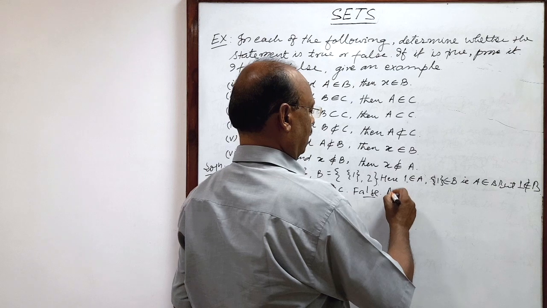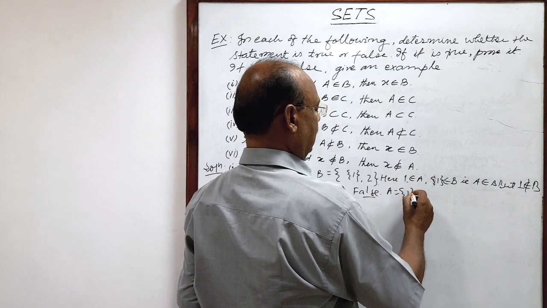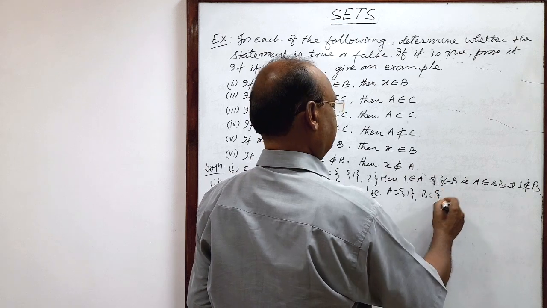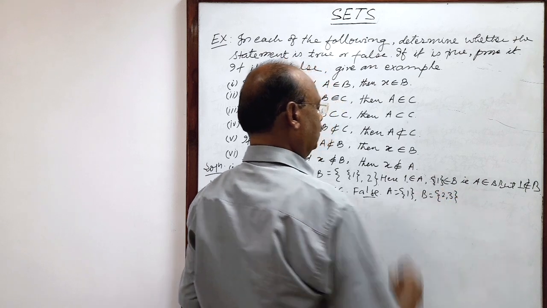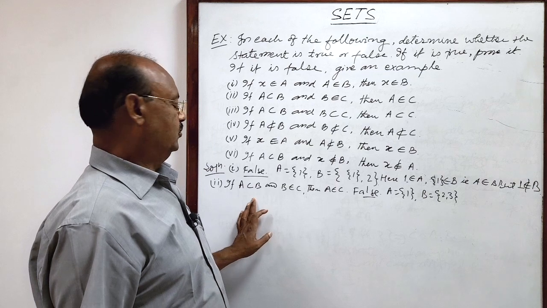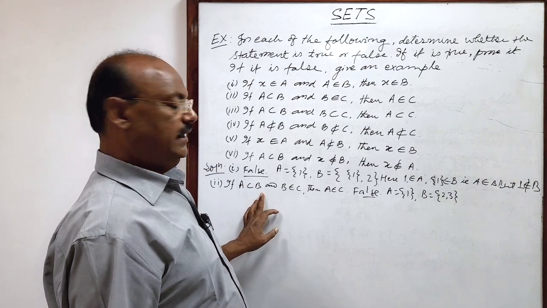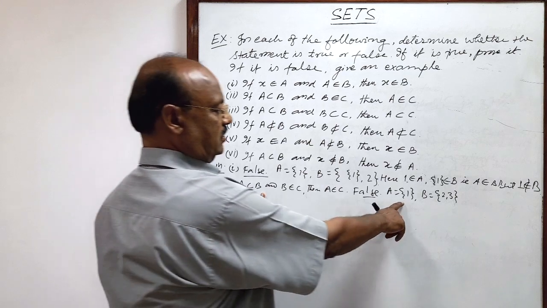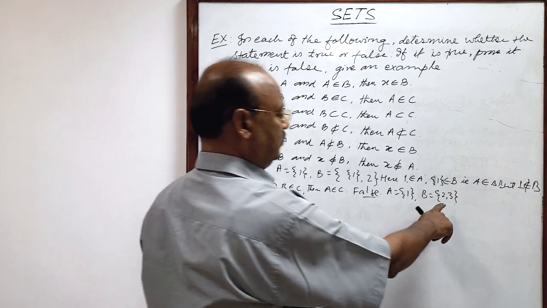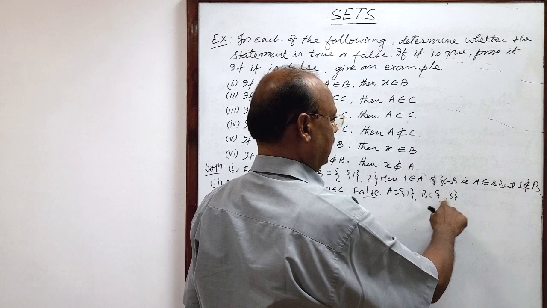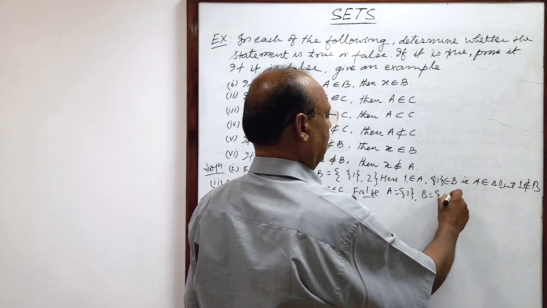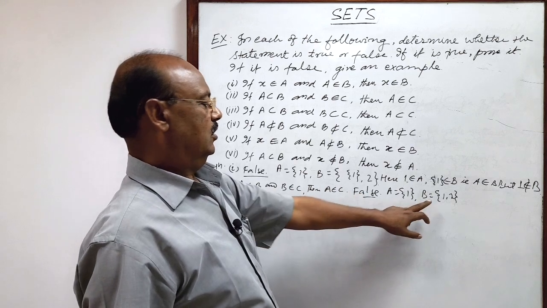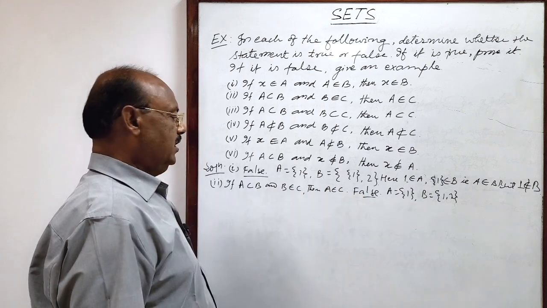Suppose A is having element 1 and B is having elements 1, 2. So clearly A is a subset of set B, correct?